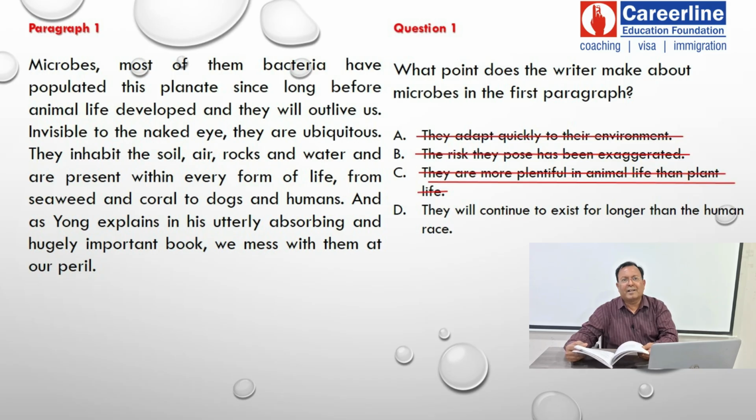I am reading the line again so that it is obvious for you to identify the option. The line says that since long before animal life developed, and they will outlive us. So it clearly says that they will continue to exist for longer than the human race. So D option is the right option.